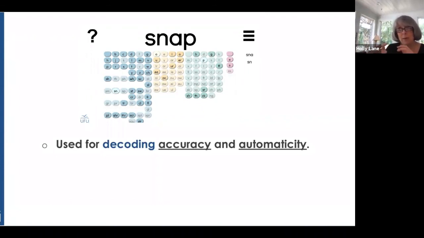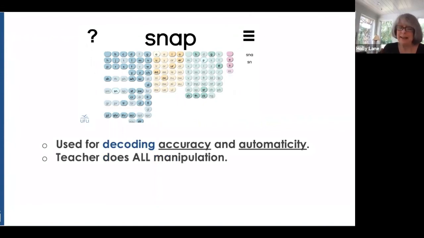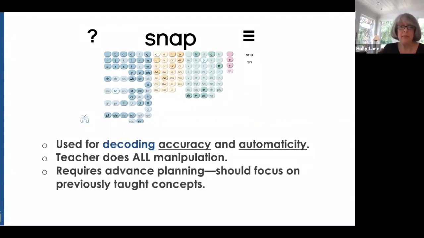So we might use the word work mat initially, and once kids start to develop pretty good accuracy, switch over to the blending board, or initial work with the blending board can be accuracy and then moving into automaticity. And again, the teacher does all the manipulation with the blending board. This one does require a little bit of advanced planning, and it should focus on previously taught concepts. So you have to select the graphemes that you want to use.